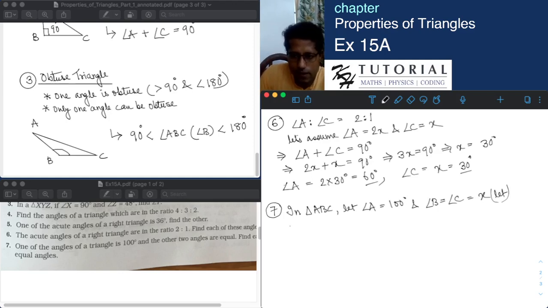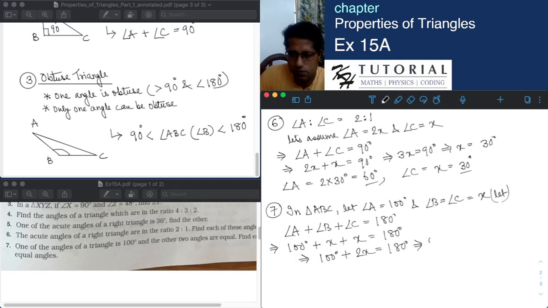From the fact that angle A plus angle B plus angle C equals 180 degrees, we know this. Angle A is 100 degrees, angle B is x, angle C is x. So we have 100 degrees plus 2x equals 180 degrees.